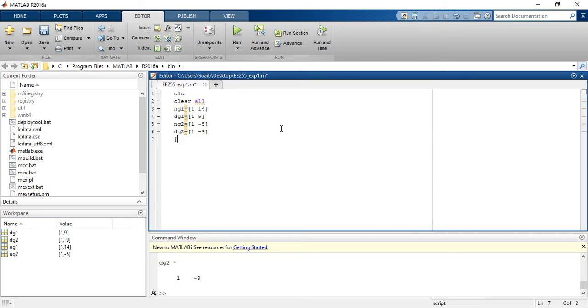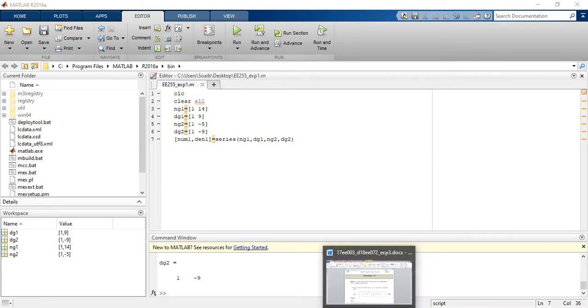Before that I need to save the answer, so I will take other variables, num1 comma den1, is equal to series of ng1, dg1, ng2, dg2. The numerator is going to be saved in num1 and the denominator in den1.